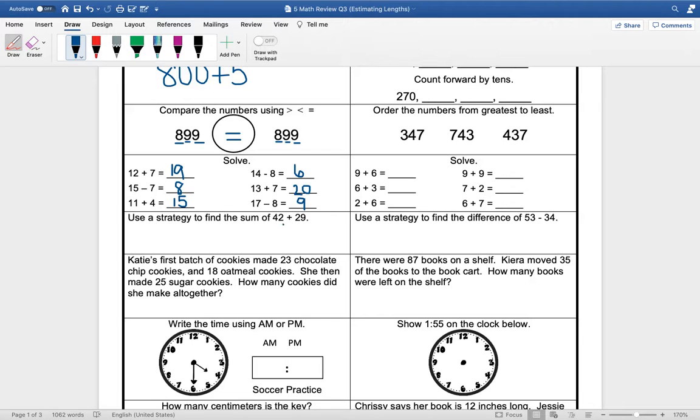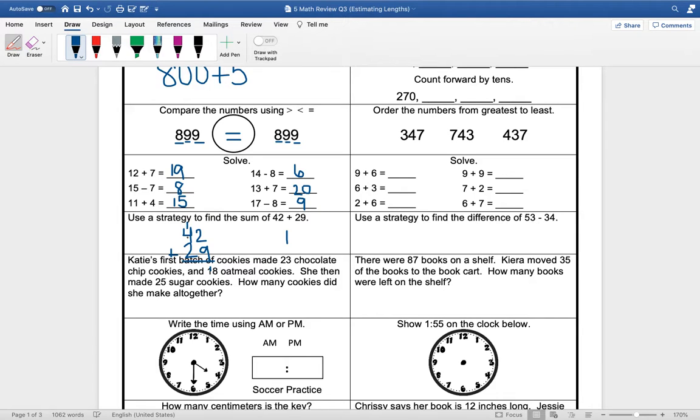All right, use a strategy to find the sum of 42 plus 29. So we are just going to do our basic addition with regrouping. And I'm going to write our answer over here. 2 plus 9 is 11. Remember, we don't write 11 though. We write our 1. So we put our 1 right here.